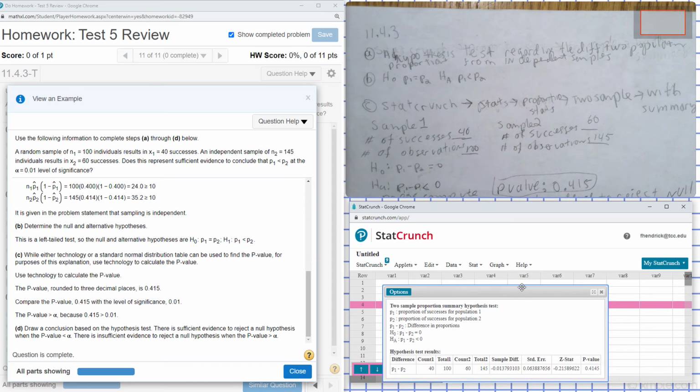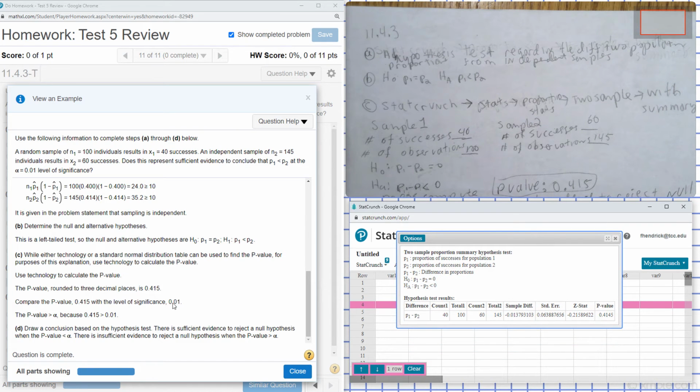And it gives me values here. The p-value is 0.415. Okay. So we have our p-value here is 0.415. And they give us a level of significance there of 0.01.